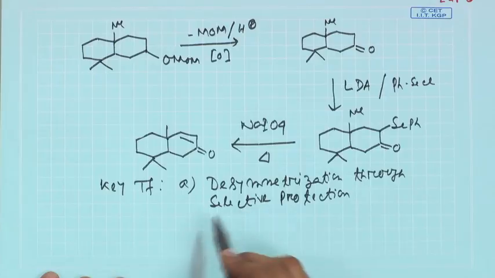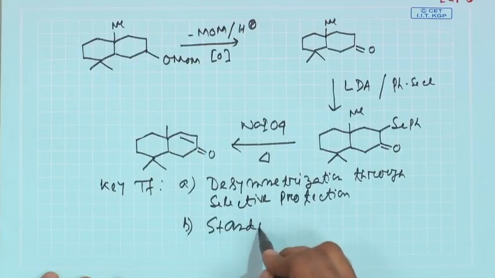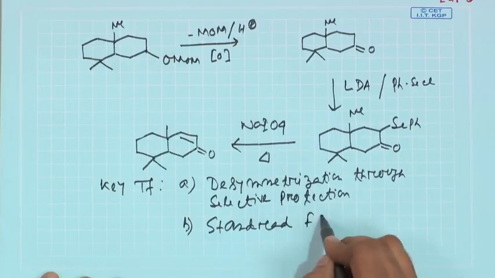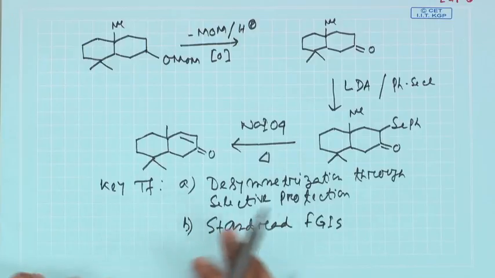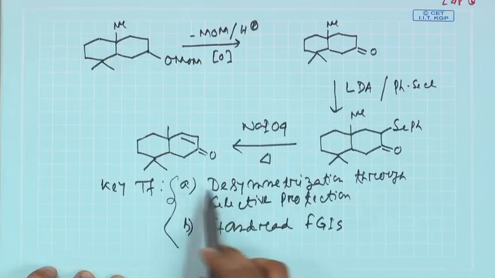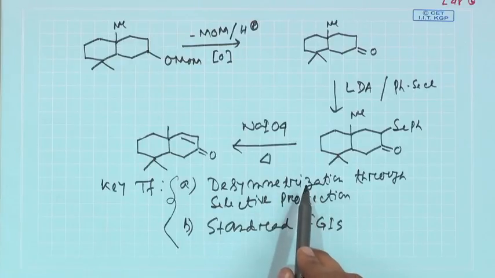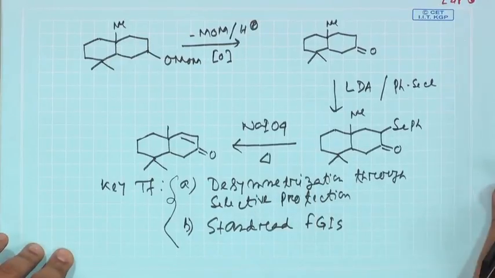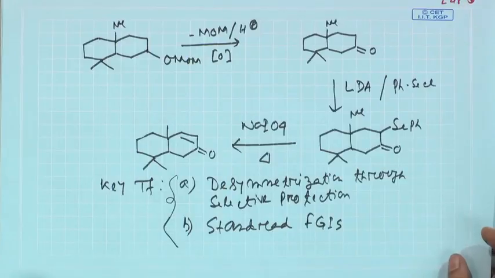So, do the selective protection and the remaining part is very standard FGI, we did standard FGIs. So, in principle this kind of transformation can be done very usefully if you just do the selective protection. Now, this selective protection we are trying to highlight as a desymmetrization of the equally reactive 2 hydroxy groups. As the starting material is symmetric, you can desymmetrize it through a selective protection.